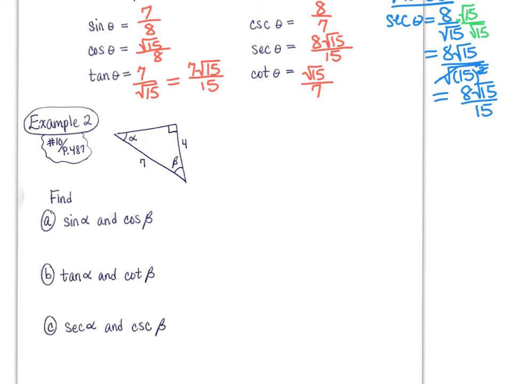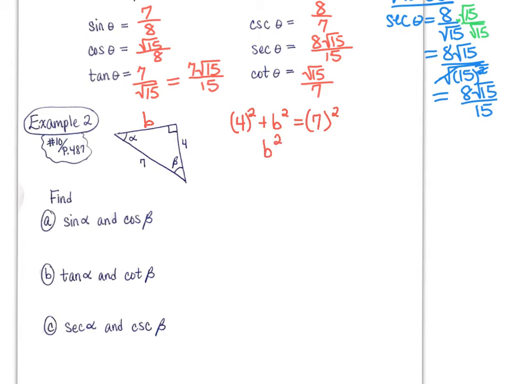Find the missing leg. Good. So we know this is our hypotenuse. This is one leg. So how can we find this leg? Good. 4 squared plus b squared is equal to 7 squared.